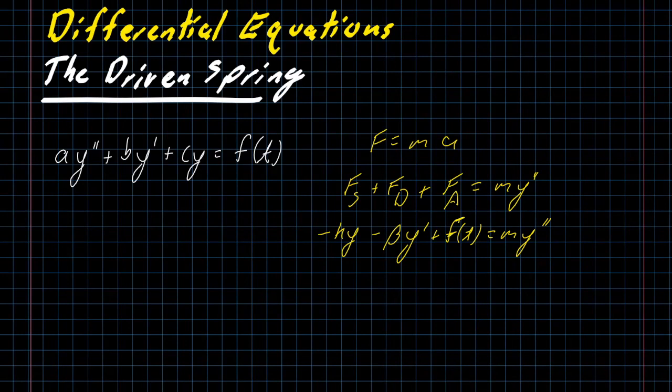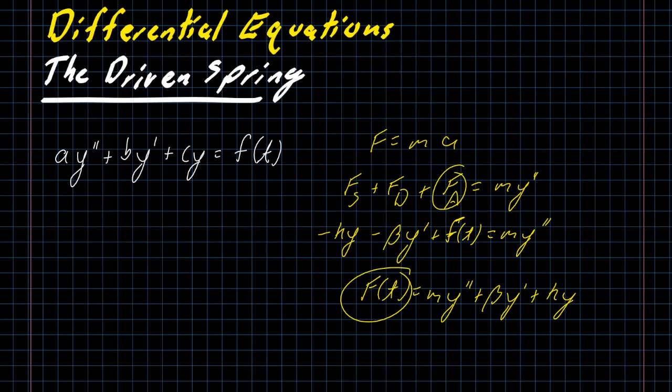We generally write that as a capital F, and then when we rearrange, we divide by m. So that applied force is what we're adding in. Now we have some idea of what is happening, and we can talk about this in terms of an application.